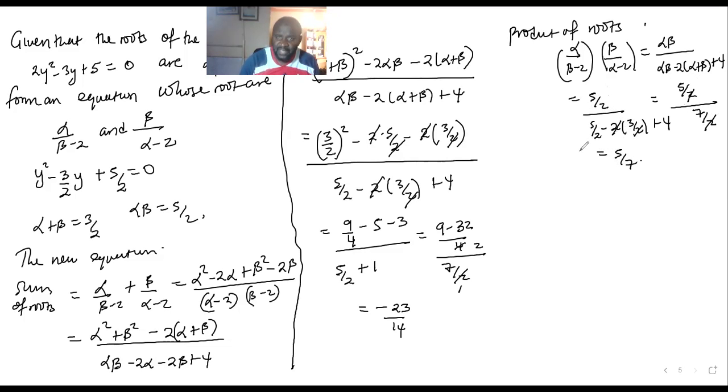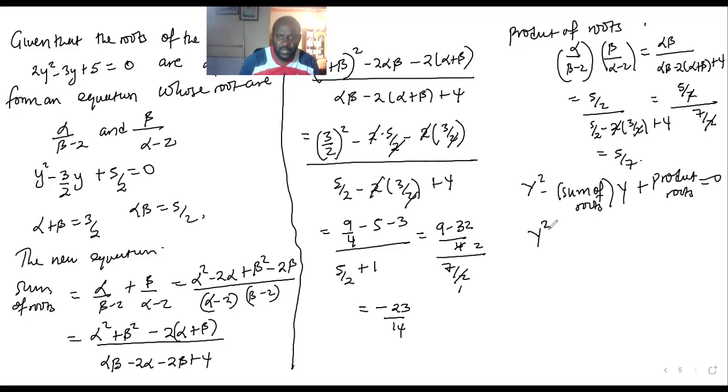So they have said form an equation whose roots are that. The equation should be in terms of y squared minus the sum of the roots times y plus the product of the roots equals 0.